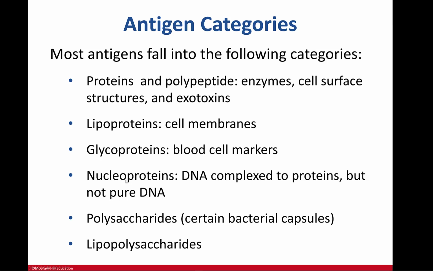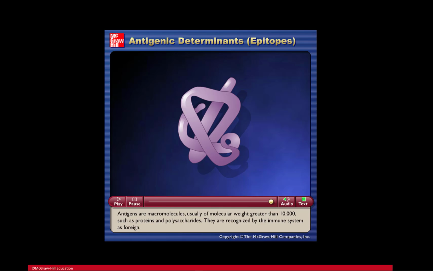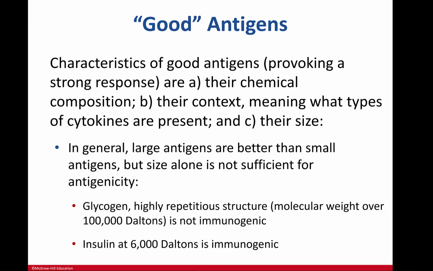So they're complexed with proteins. Polysaccharides, certain bacterial capsules, poor antigens, just really poor. Lipopolysaccharides, a kind of sugar-fat type of composition. I gave you the antigenic determinants, epitopes video. It's actually very good, and hopefully it will be helpful for us to communicate with this presentation.